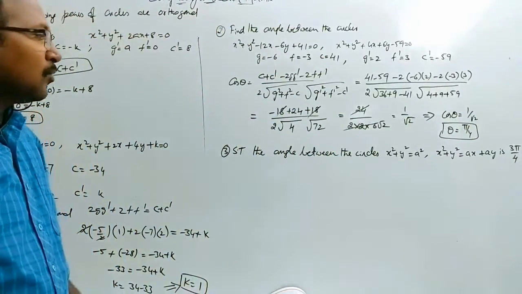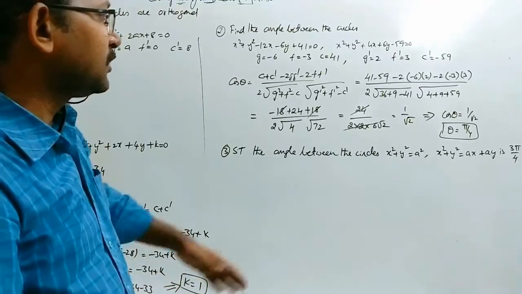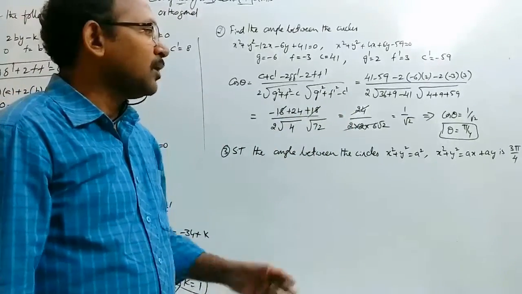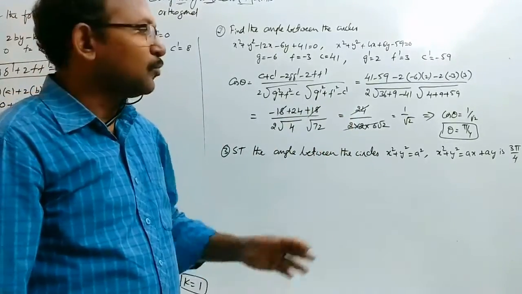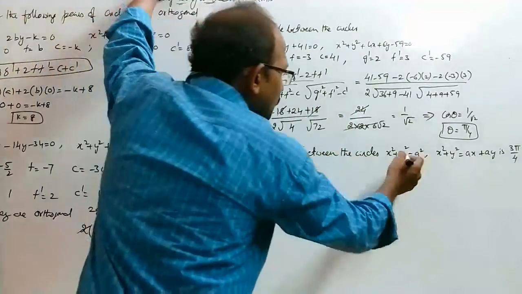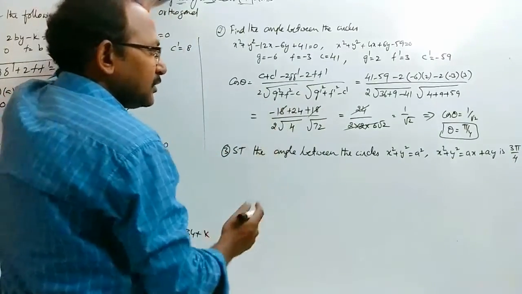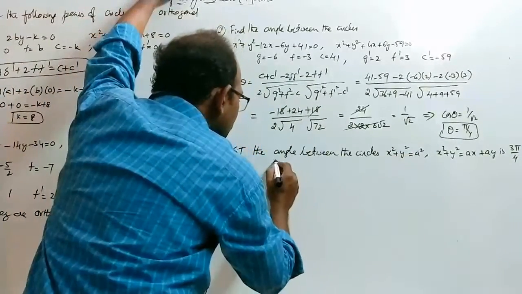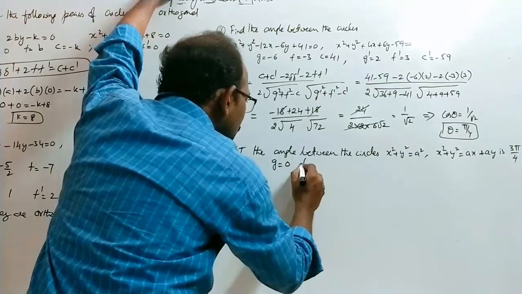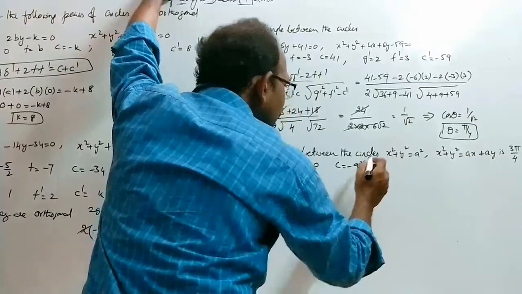Okay. Now show that the angle between the circles is 3 pi by 4. Here already given the angle. We have to prove that it is nothing but 3 pi by 4. Now again, by using these two circles, let us find G, F, C and G dash, F dash, C dash. Then here from this circle, G is equal to 0, F is equal to 0 and C is equal to minus A square.